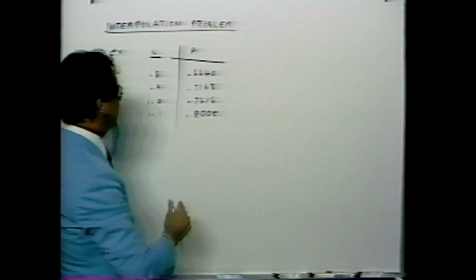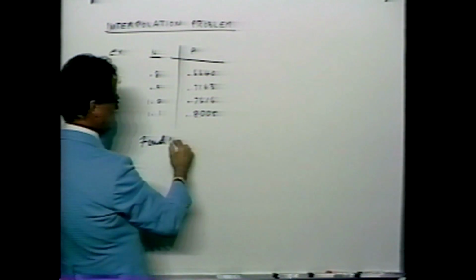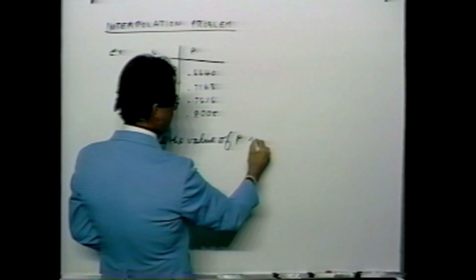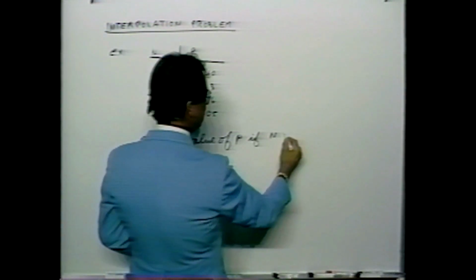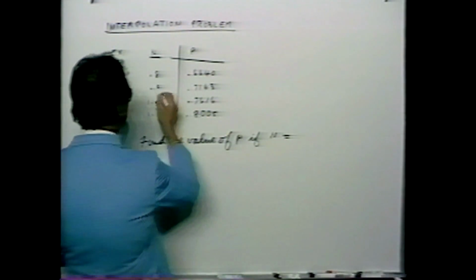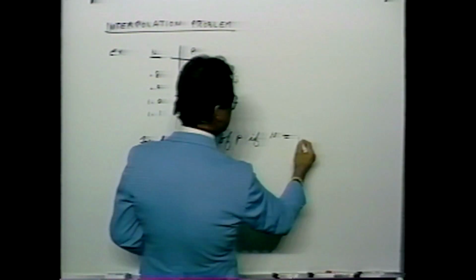For example, find the value of p if n is equal to something like 0.96.